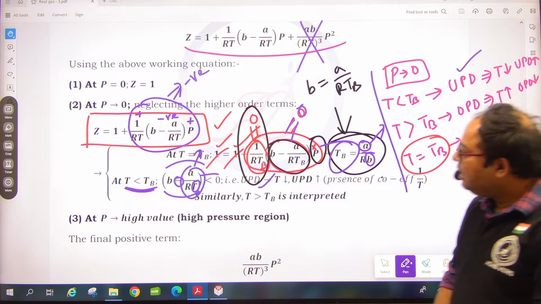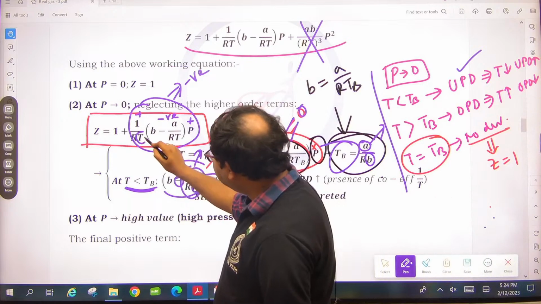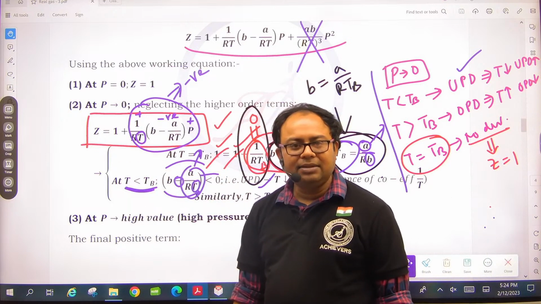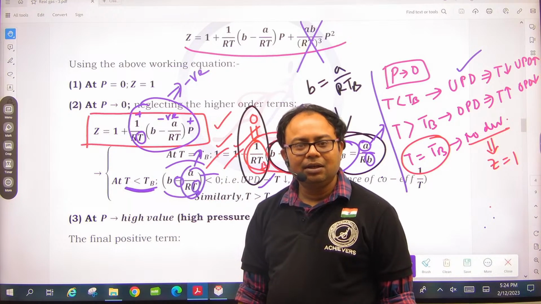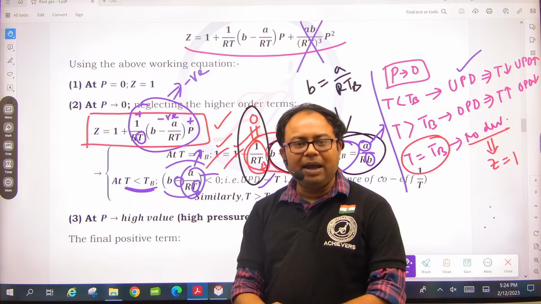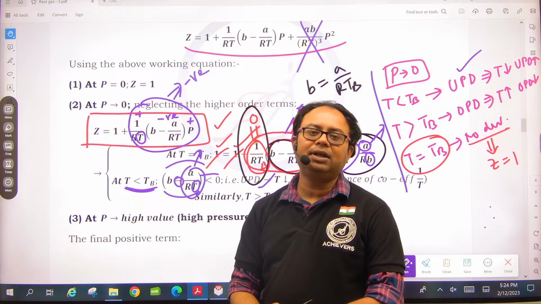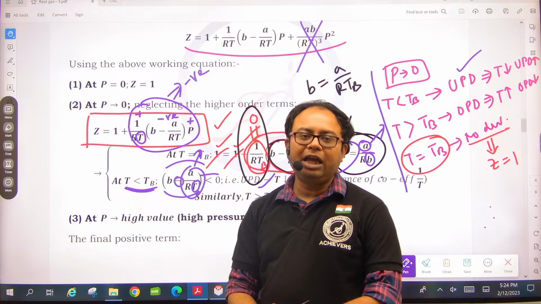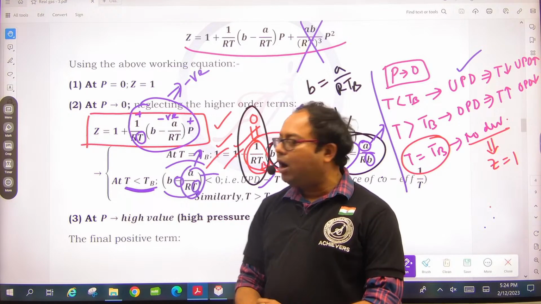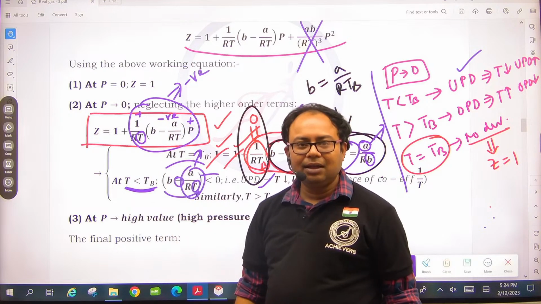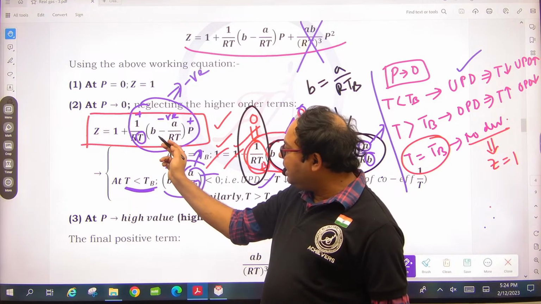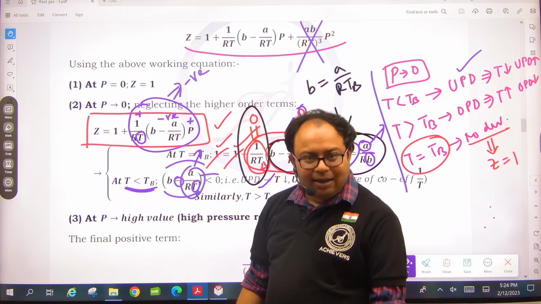And see, you have got a 1 by T term as the coefficient. So if you keep on decreasing the temperature, then 1 by T will increase, and thereby the intensity of the negative term will increase.